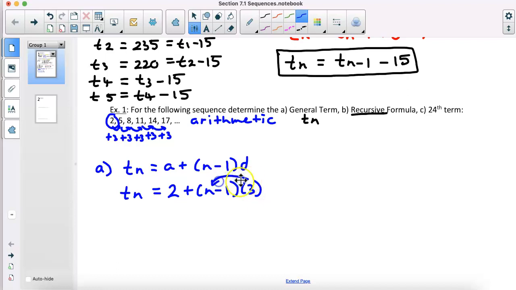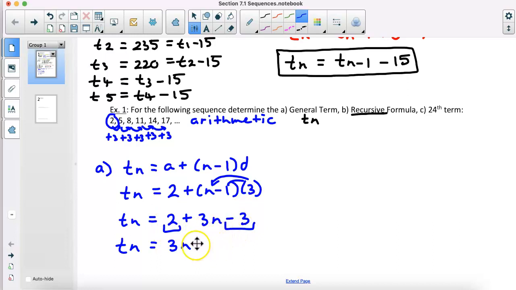We're going to multiply it inside again. It's going to be 2 plus 3n minus 3. And again, we can tidy this up. t_n is equal to 3n, and we can collect this like term and this number here. So we have 3n minus 1.